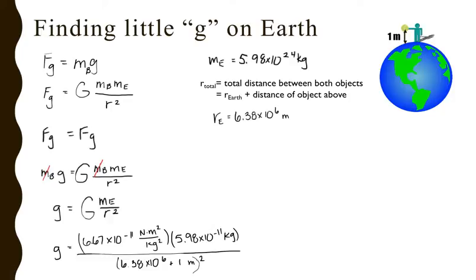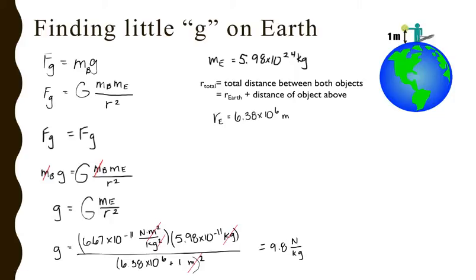If we plug it into our equation, little g, the acceleration due to gravity, is equal to our constant times the mass of Earth divided by our total radius squared, so 6.38 times 10 to the 6th plus 1, quantity squared. Meters squared cancels with meters squared, and a kilogram cancels with one of our kilograms. We're left with a Newton over kilogram.